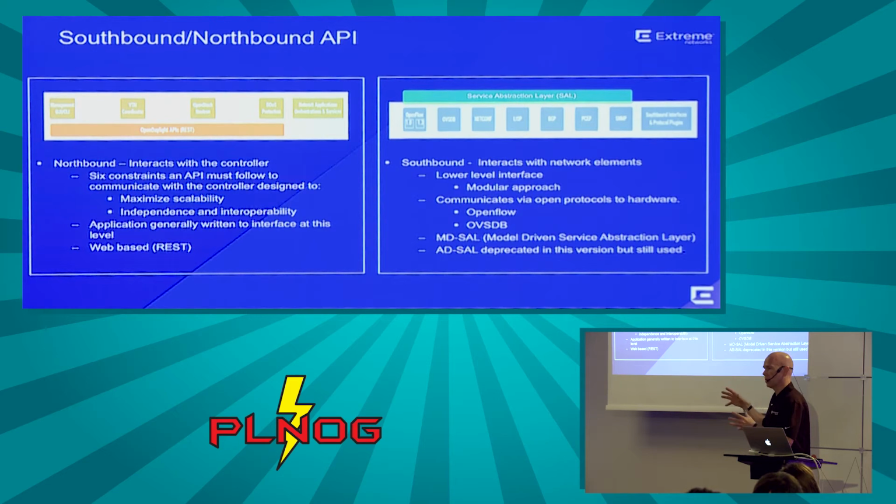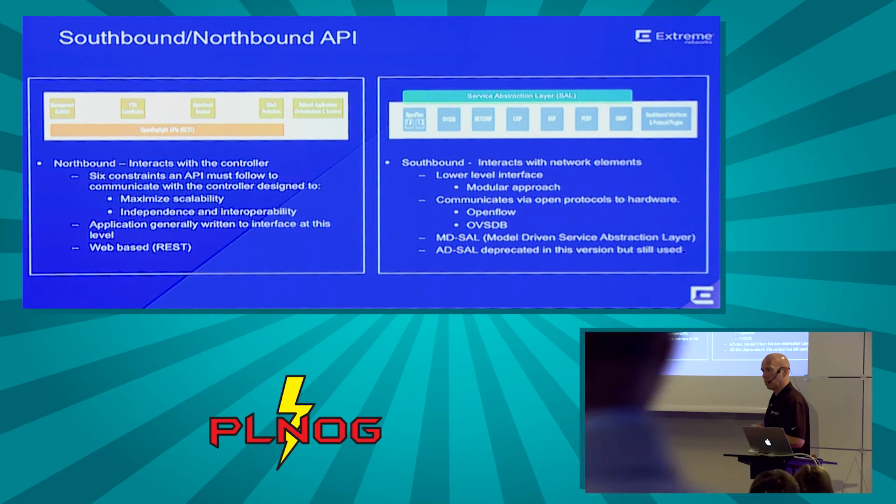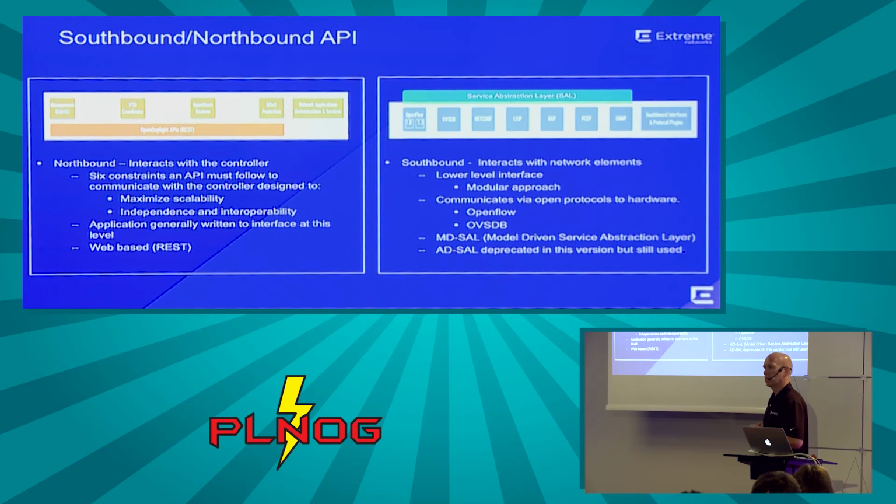On the right-hand side, you have the southbound service abstraction layer, where, as mentioned, plugins talk to various hardware pieces, such as OpenFlow talking to OpenFlow-enabled devices, or OVSDB talking to Open vSwitches, and so on.